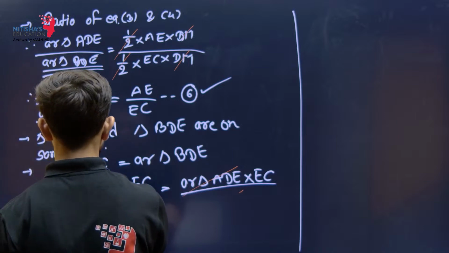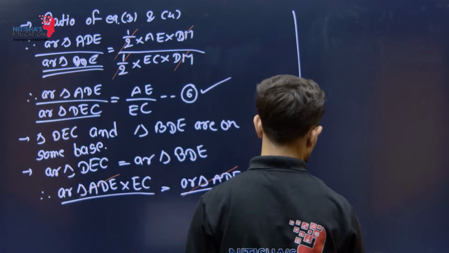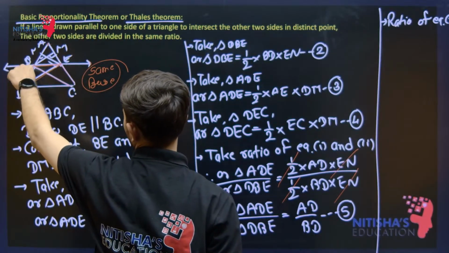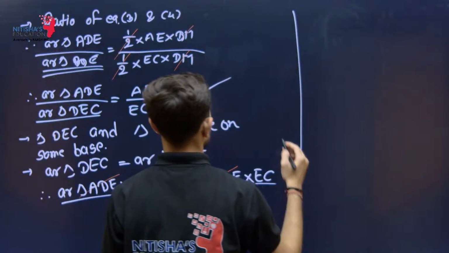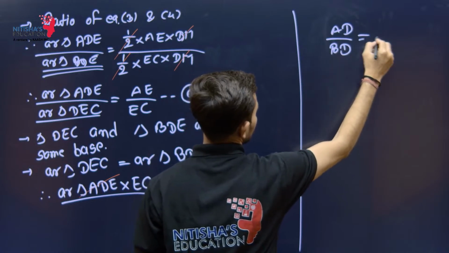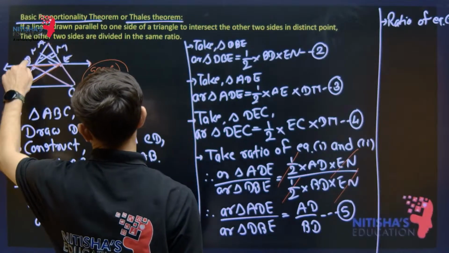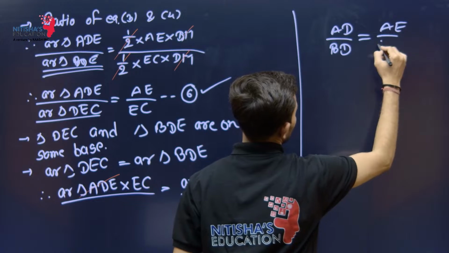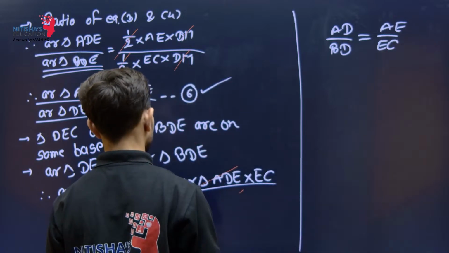Look here, we are going to ADE, right? So we can say that AD upon BD is equal to AE upon EC, right?